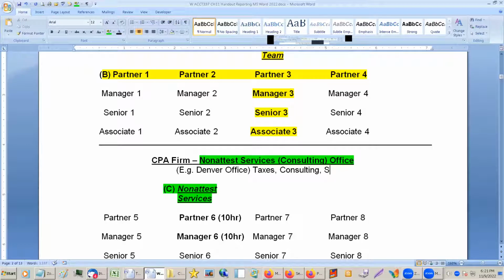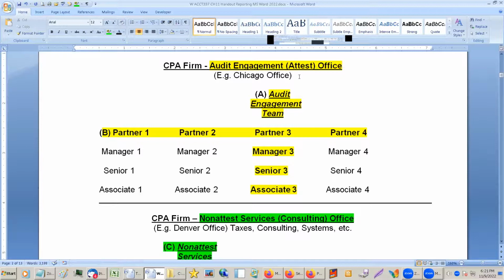It's possible they put in systems work. But they don't do the audit. So up here they're doing the audit, and down here they're doing all the other stuff.